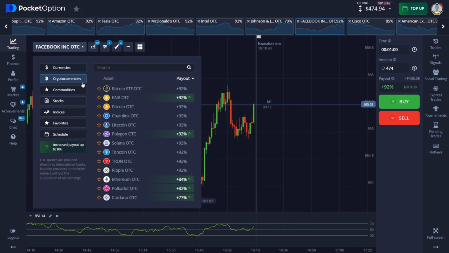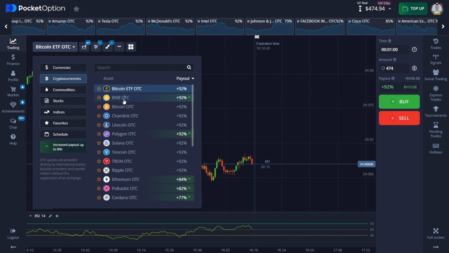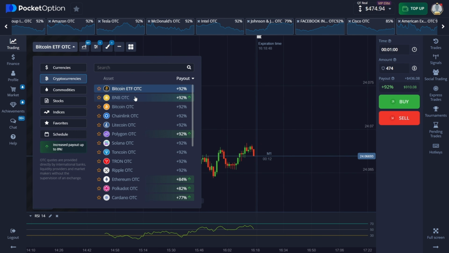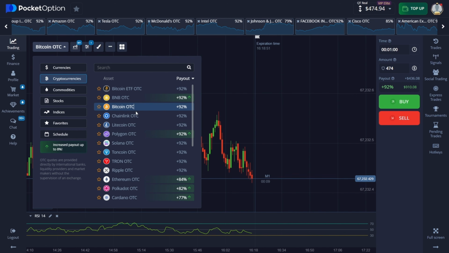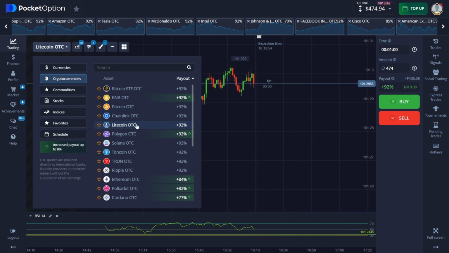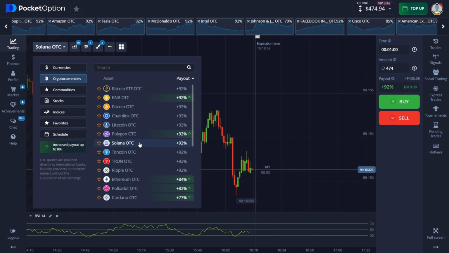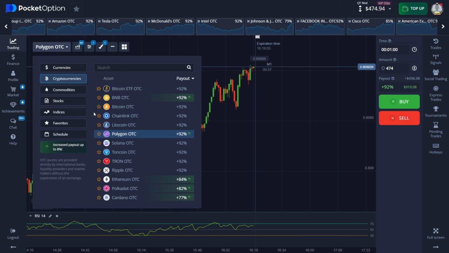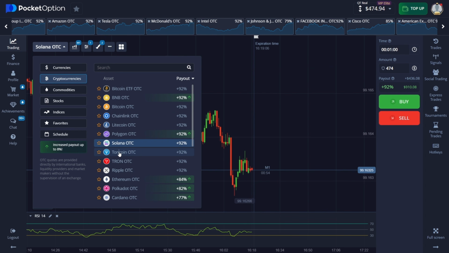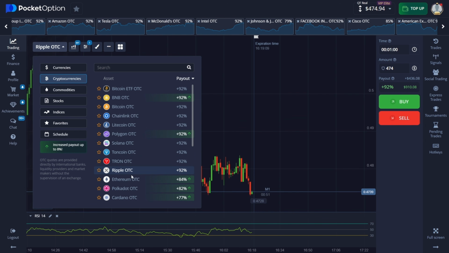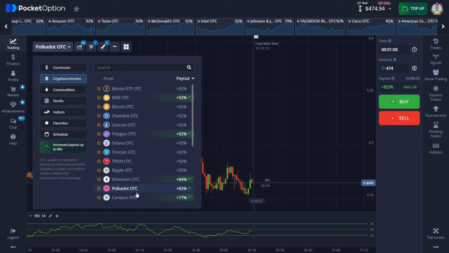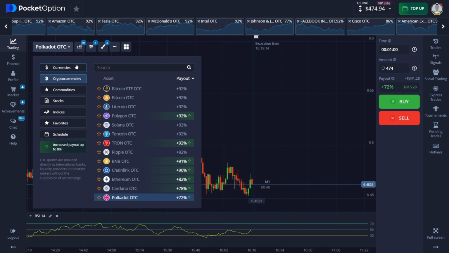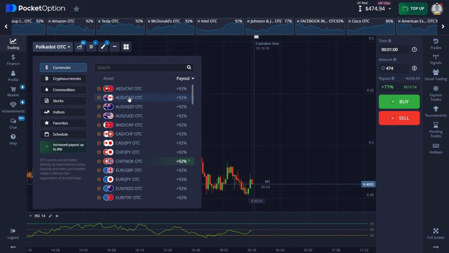Okay, let's look for a trade in cryptocurrencies again. There was no trade available on cryptocurrencies. Let's find a trade on currency pairs.